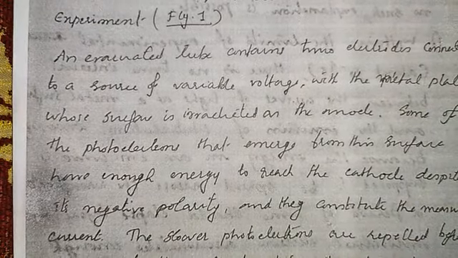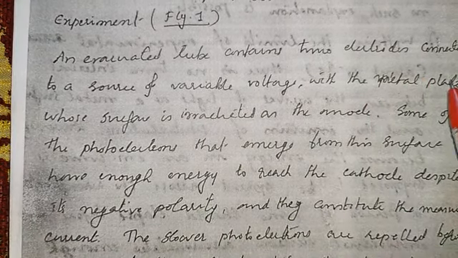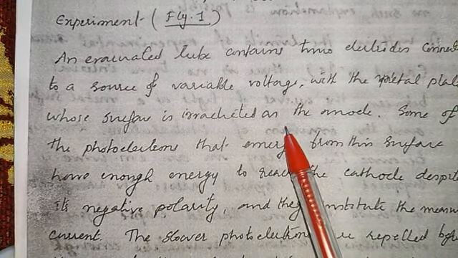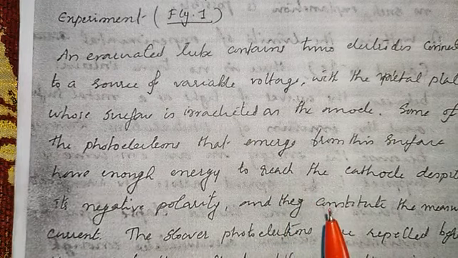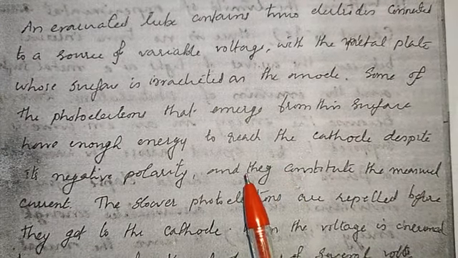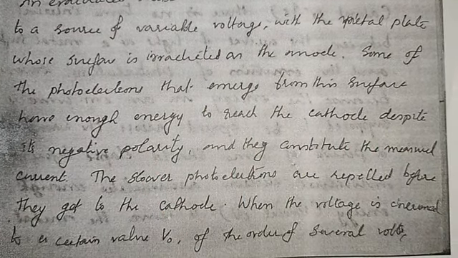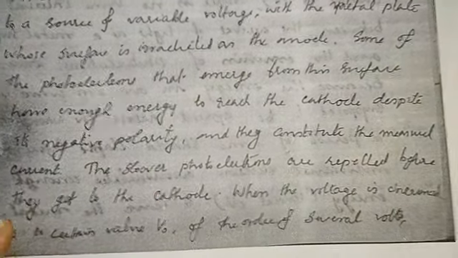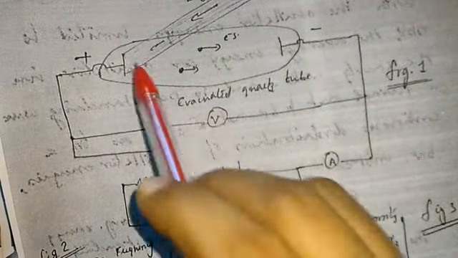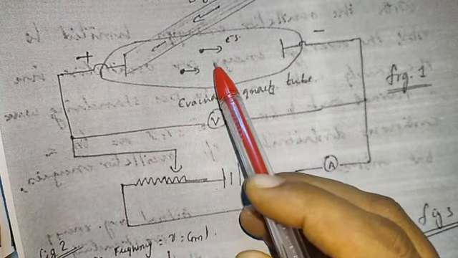When the anode plate is irradiated with a light wave, some of the photoelectrons that emerge from this surface have enough energy to reach the cathode despite its negative polarity. Whenever light of suitable frequency falls on this positive metal surface, electrons are emitted and move towards the cathode.